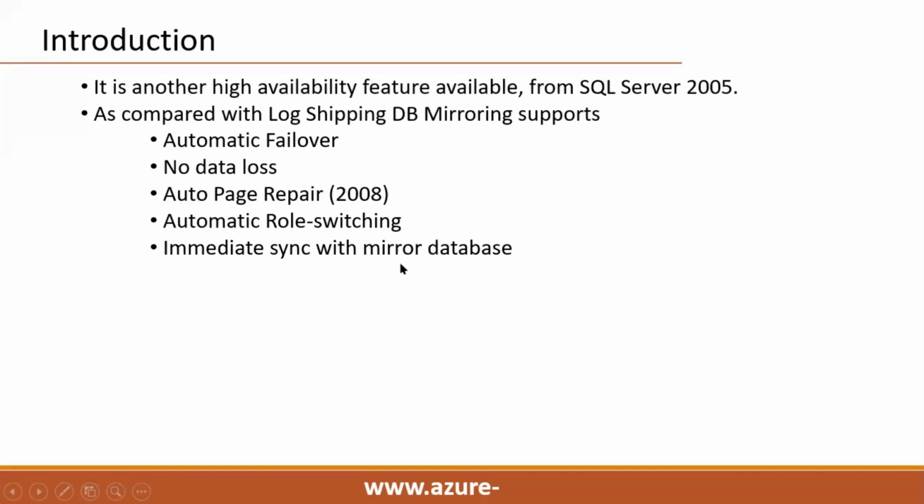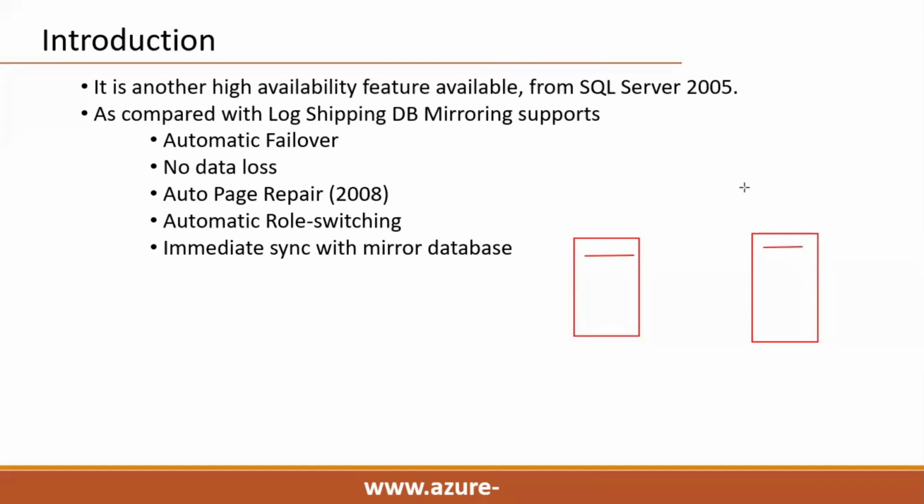The same way, there is immediate sync with mirror. In the case of log shipping, all three jobs must be executed: backup, copy, restore. But in mirroring, remember, immediate sync is there with the mirror database. Whenever changes are written into the principal database transaction log file, immediately these changes are submitted to mirror and also written into the mirror log file.